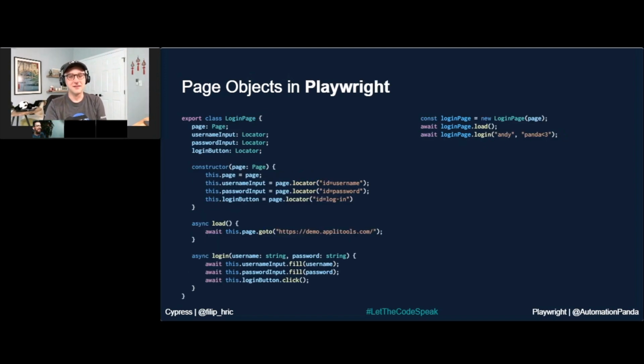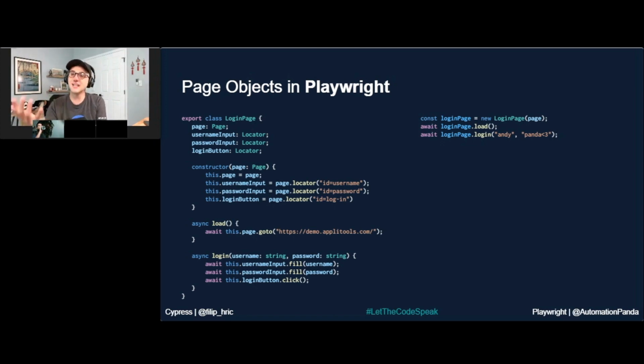Yeah. Alrighty. So here is how I would have developed a page object for Playwright. And this is much more of a traditional page object structure. So we have a class, not just an object with some methods tied to it.